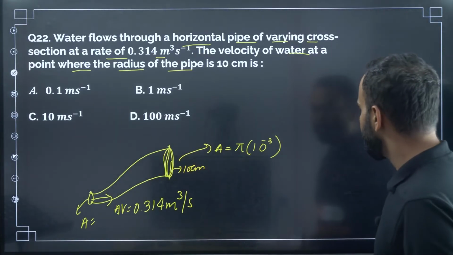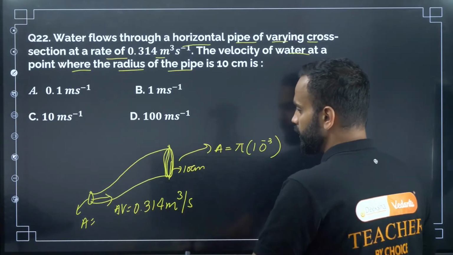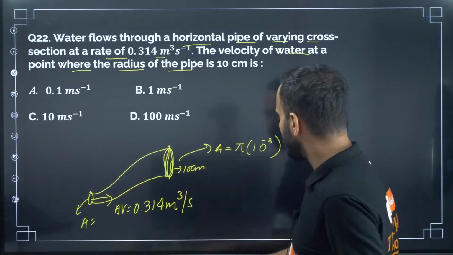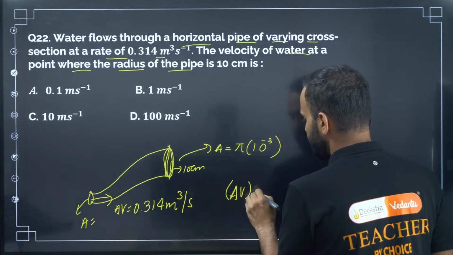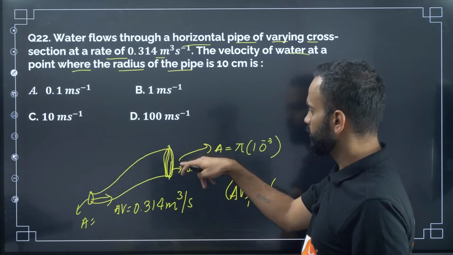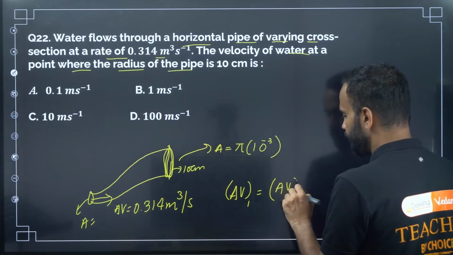So apply the equation of continuity. The rate at which water flows through the first cross section, that is AV1, is equal to the rate at which water flows through the second cross section, AV2.